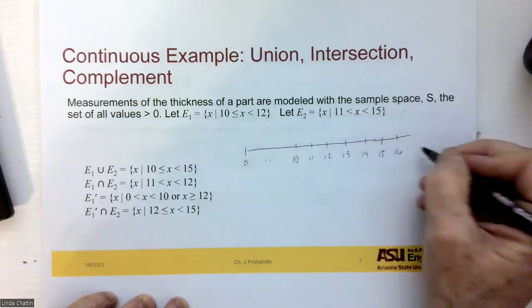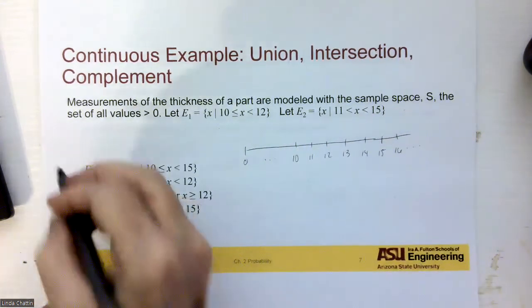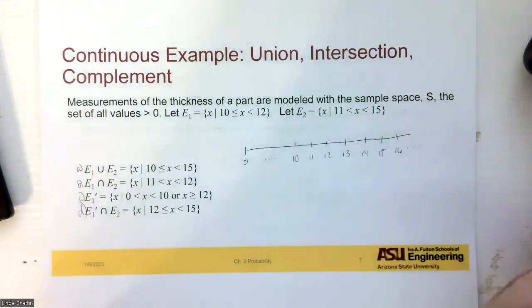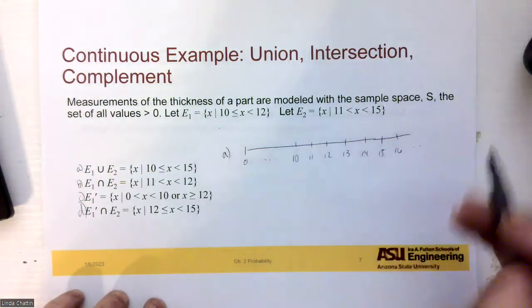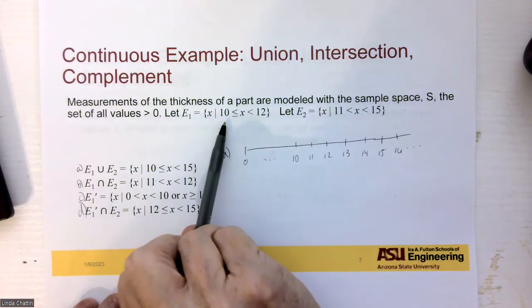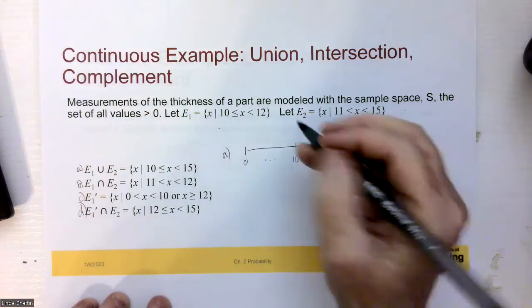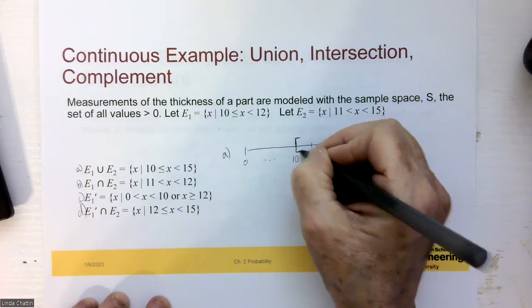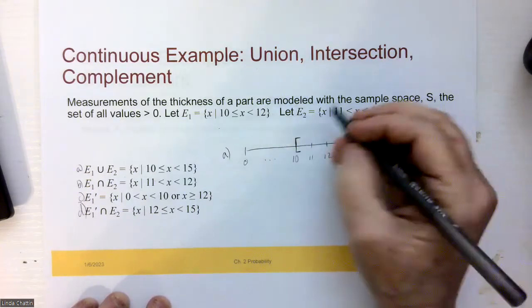So I'll just put some dots here. So let's take a look at this first part. Let's call this part A, B, C, and D. So for part A, E1 and E2. So what is E1? It's 10, including 10. So I'm going to put a hard brace here, up to 12, but not including 12.